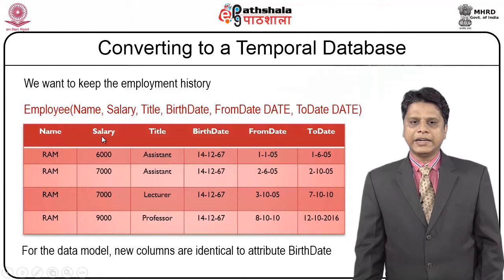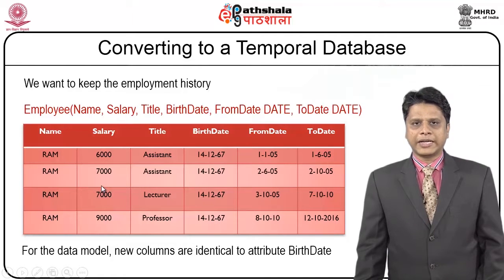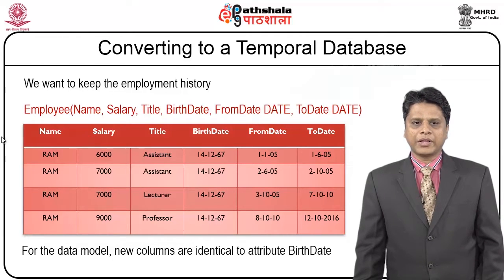The salary detail quite fortunately varies for the same person over a time period. So for an interval in time, this salary has been revised. Take for example the first row of this table: Ram has been appointed as assistant and has been drawing 6,000 rupees as salary.